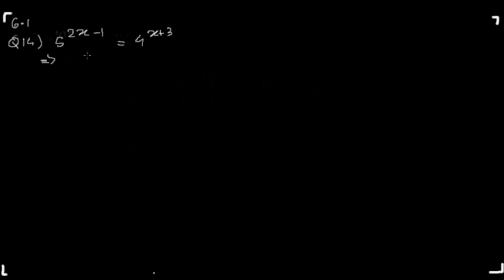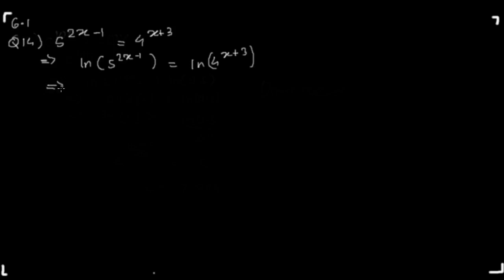From here you can take the ln on both sides, so ln of 5^(2x minus 1) is equal to ln of 4^(x plus 3).